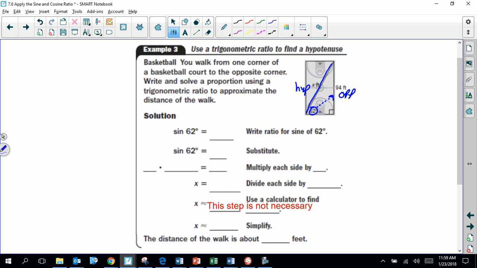So we know the side opposite of the angle, and we're looking for the length of the hypotenuse. So opposite and hypotenuse, that lets me know we have to use the sine function.